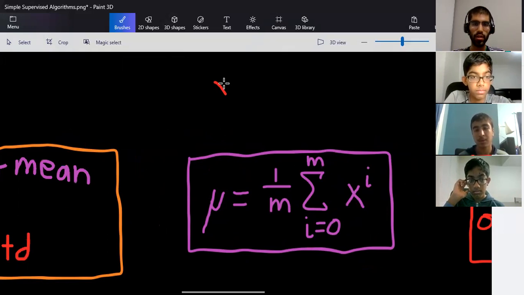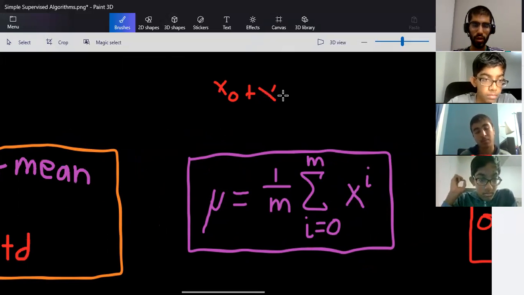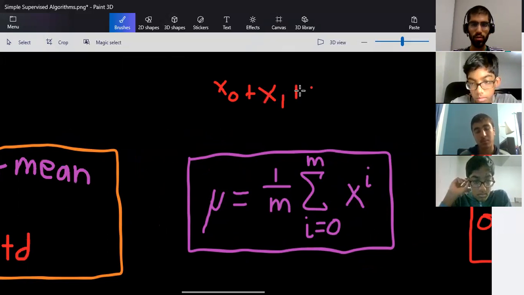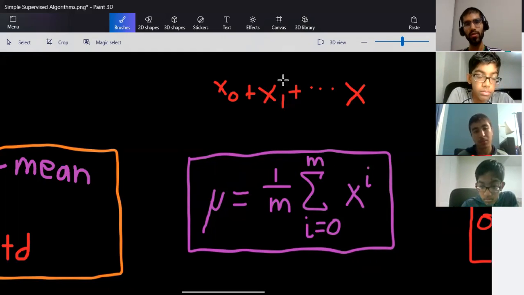So we're going x0 plus x1 plus, dot dot dot, all the way up to x m. Oh, oops. I shouldn't have these subscripts. They should be superscripts. I beg your pardon.